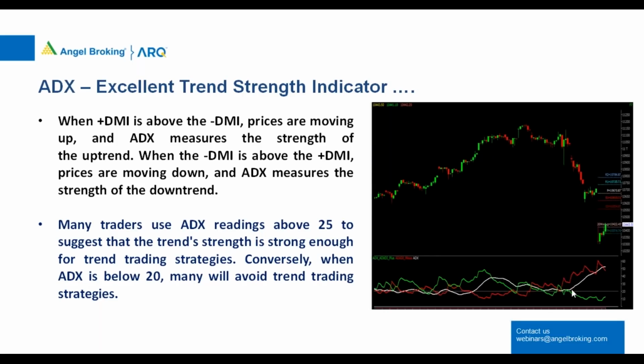This horizontal line I have put at 20 here. So what effectively it means is that when the green line, plus DI, is above the minus DI, prices are moving up, you can see.